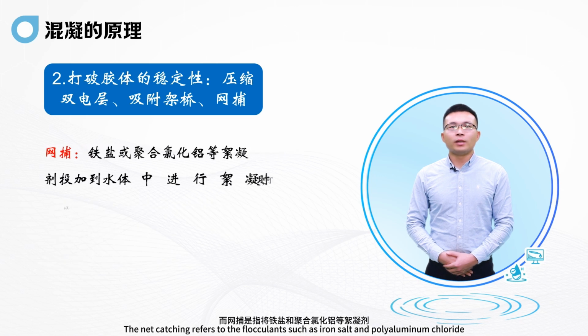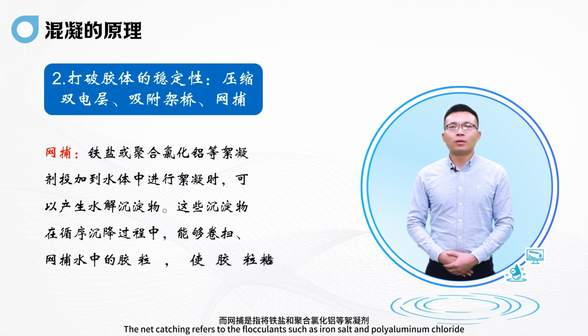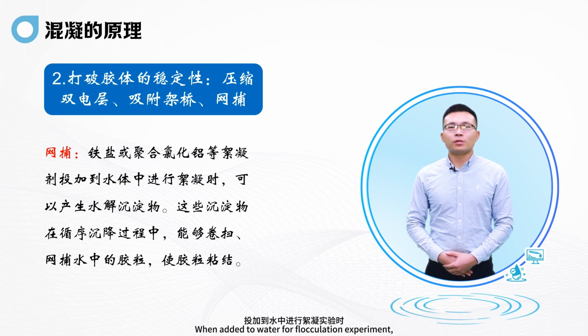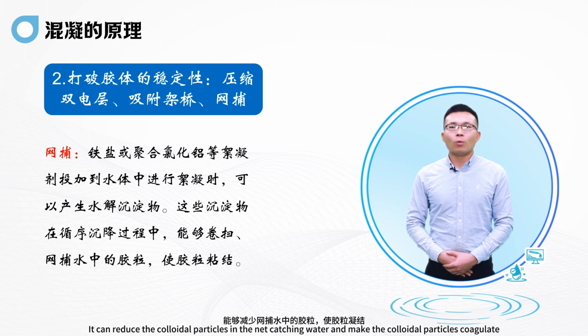Net catching refers to flocculants such as iron salt and polyaluminum chloride, which when added to water for the flocculation experiment, produce hydrolyzed precipitates. These sediments, in the process of sedimentation, can catch the colloidal particles in the water in a net and make the colloidal particles coagulate.